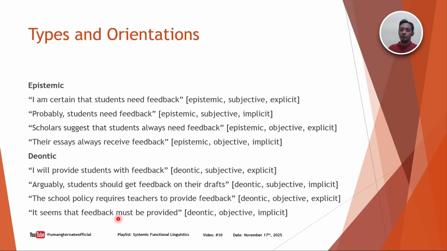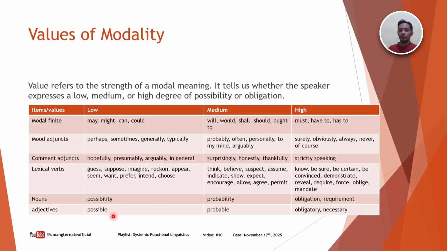It seems that feedback must be provided, so we can see that the modal finite used here is must. Okay, and then we can check here that must is a high value modality, or high degree modality.